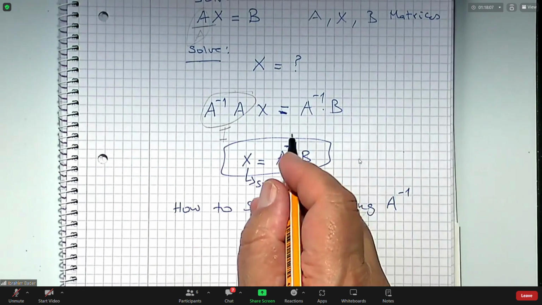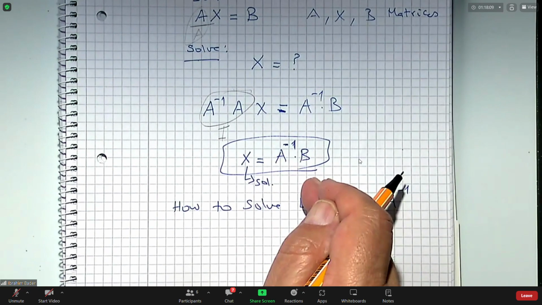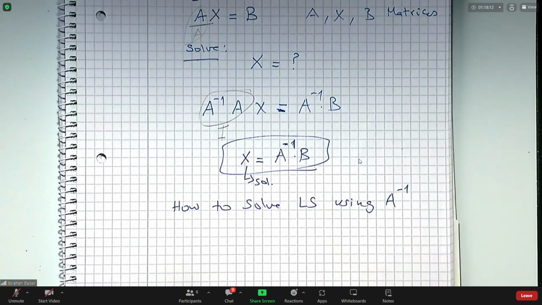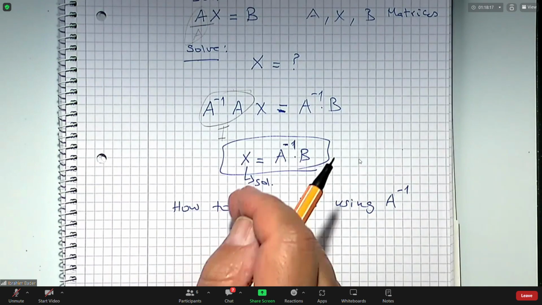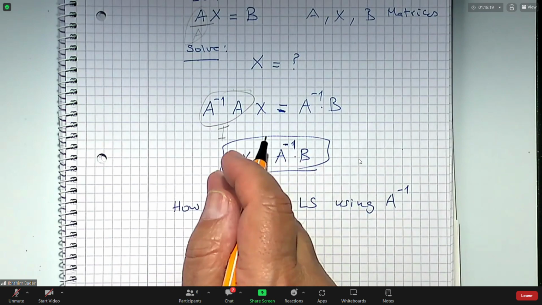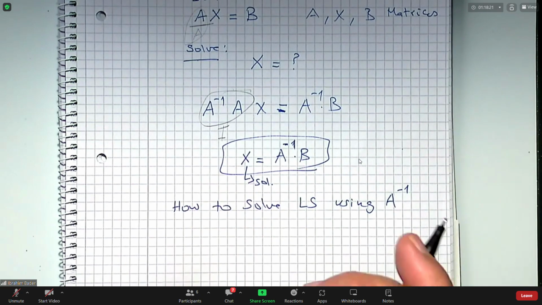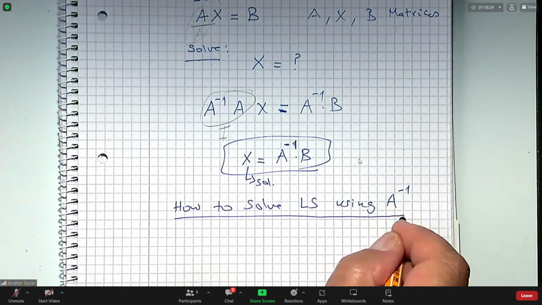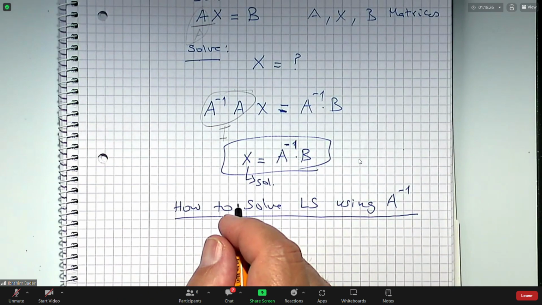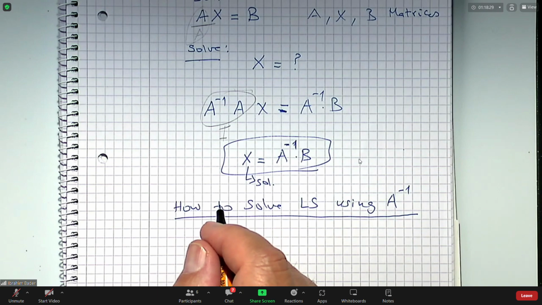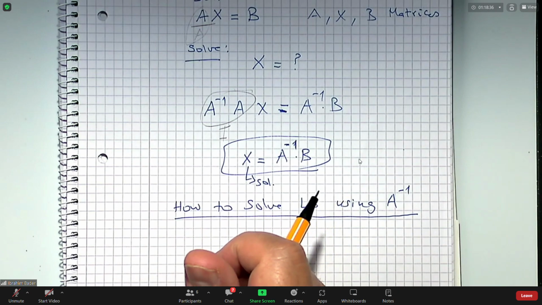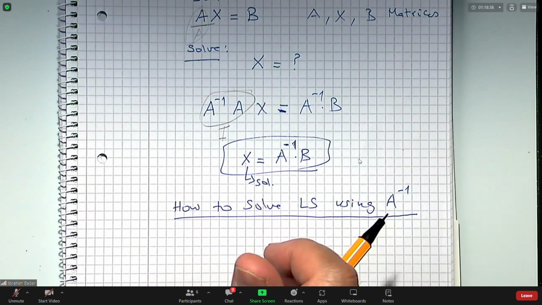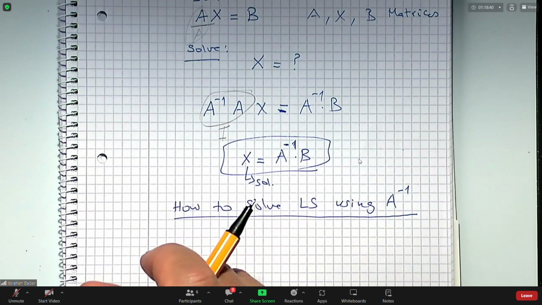All I need to do, if I know A inverse, is multiply with the right-hand side, and then get the solution matrix. Bear in mind that this capital X here means the variables X, Y, Z, etc. So after the break, we will start with a real-life example that will give us a feeling of how to solve linear systems using the inverse of the coefficients matrix method.